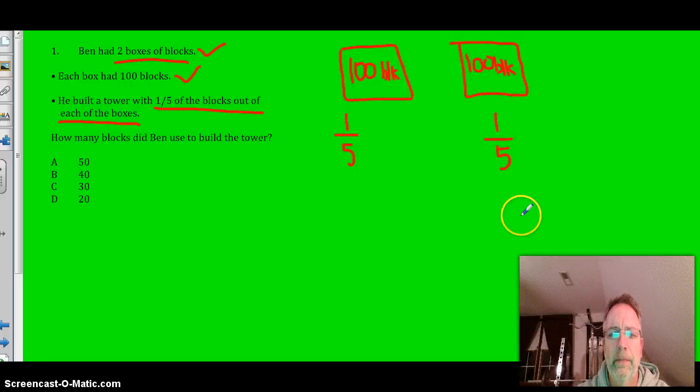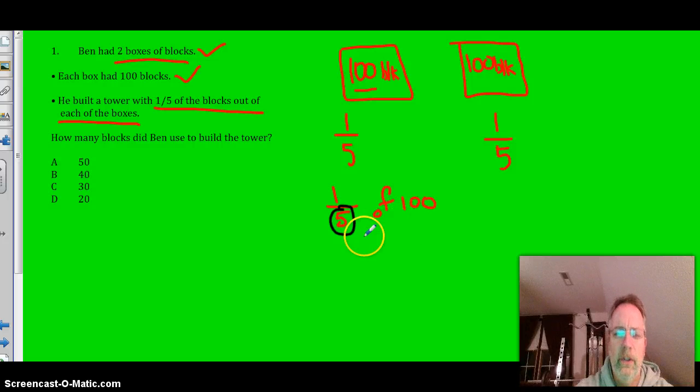Well, again, we're finding a fractional amount, and this amount is 100. So we're trying to find what's 1/5 of 100. If you're finding the fractional amount of anything, our fraction tells us everything we need to do.